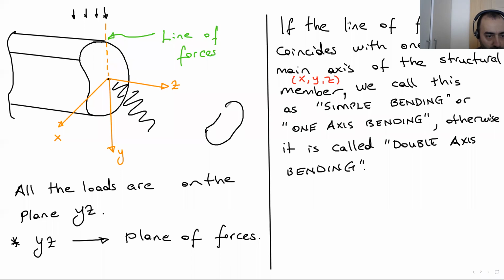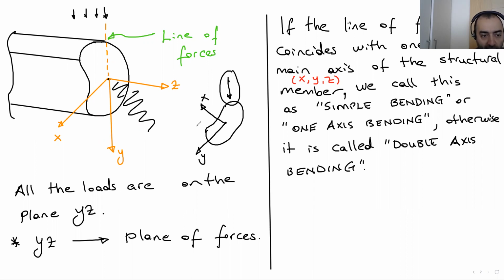For example, another example, let's say my structural member is like this. Here is y, here is x, z comes to us, and if we have a loading over here, that means our force, the load, doesn't coincide with one of the main axes, x or y.